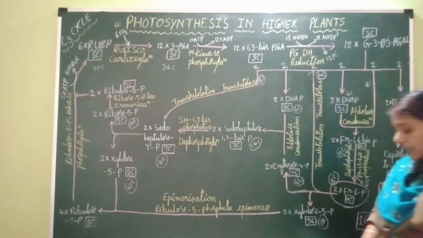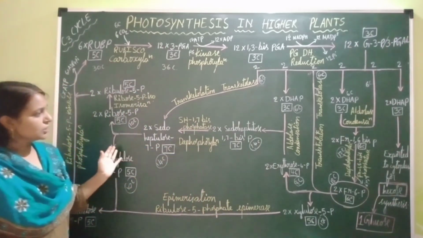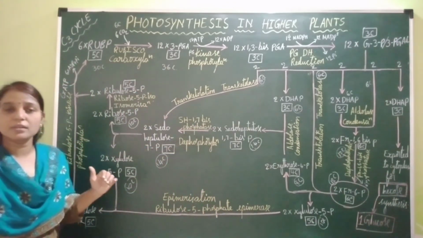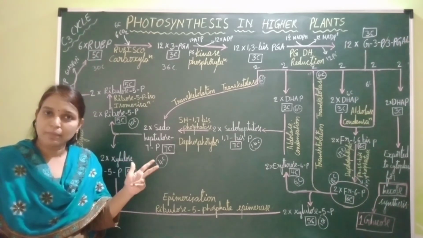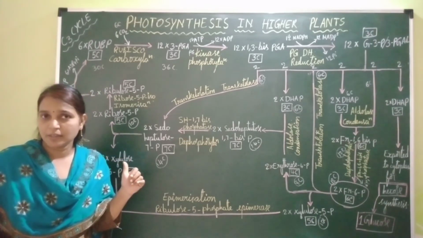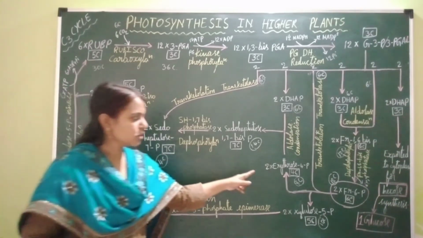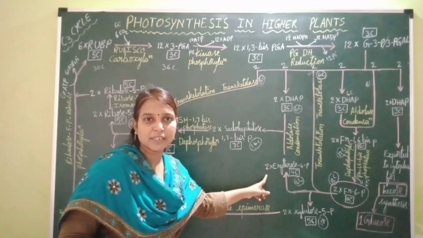Okay, right. So here I want to give you some more important points. During this regeneration, many intermediates are formed. Those intermediates are 4 carbon compounds, 5 carbon compounds, 6 carbon compounds and even 7 carbon compounds. So what is the intermediate that is a 4 carbon compound? Erythrose 4-phosphate. How many molecules are formed? 4 molecules are formed.